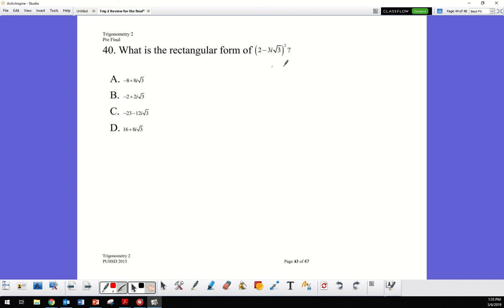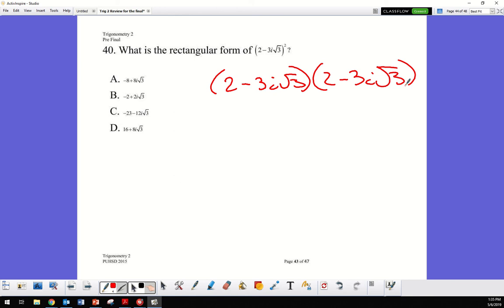So now I'm squaring this. When I square this, that means I'm going to multiply it times itself. 2 minus 3i rad 3 times 2 minus 3i rad 3. So, FOIL.